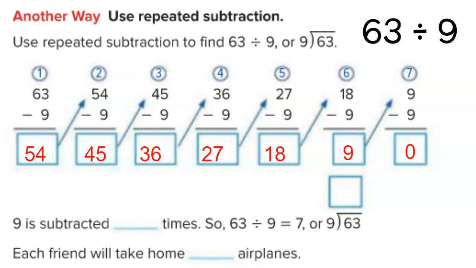So how many times did we subtract 9? We subtracted 9 1, 2, 3, 4, 5, 6, 7 times. So that tells us that 63 divided by 9 is 7, or that each friend will take home 7 airplanes.